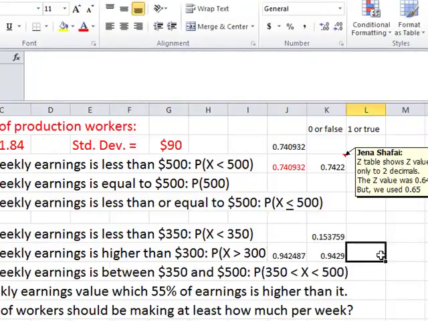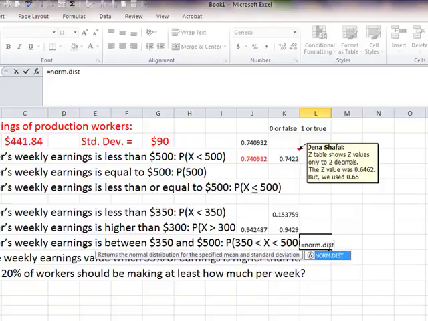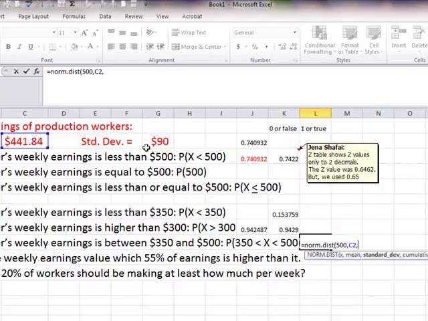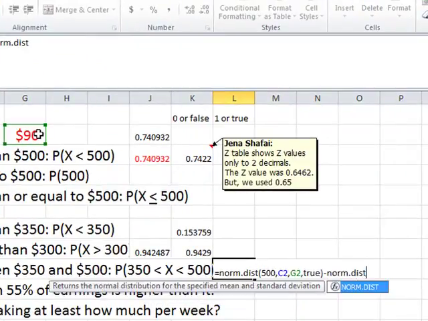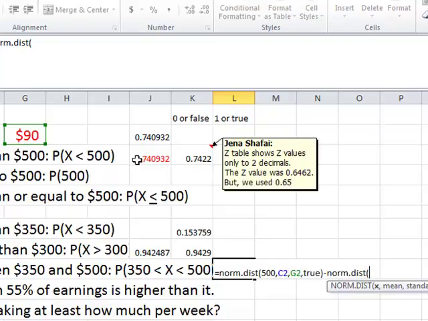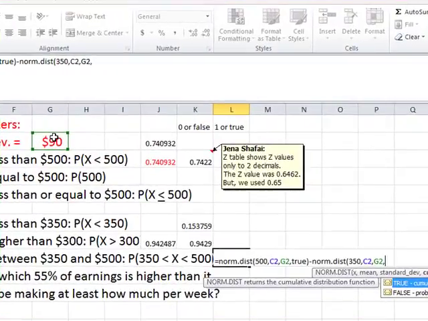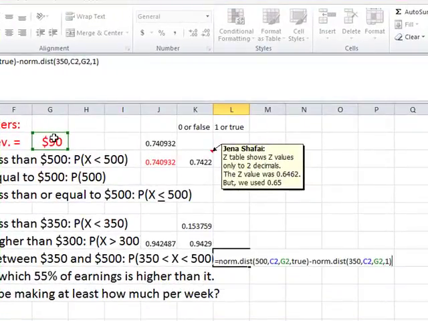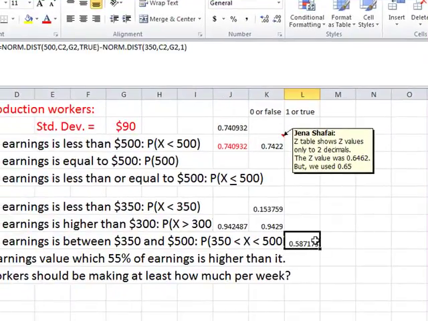Okay, so equals NORM.DIST 500, comma mean, comma standard deviation, comma true, minus NORM.DIST of 350, comma mean, comma standard deviation, comma, and then I can put either a 1 or a true. It doesn't matter. It does the same thing. And if I enter, I get 0.5871.